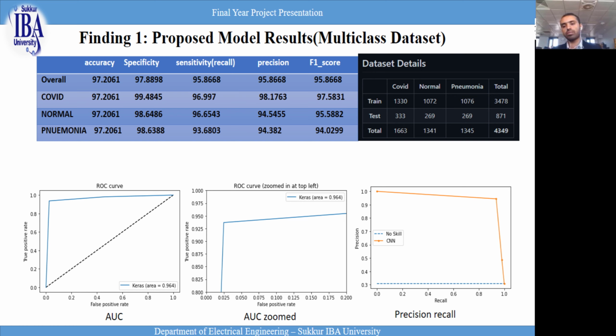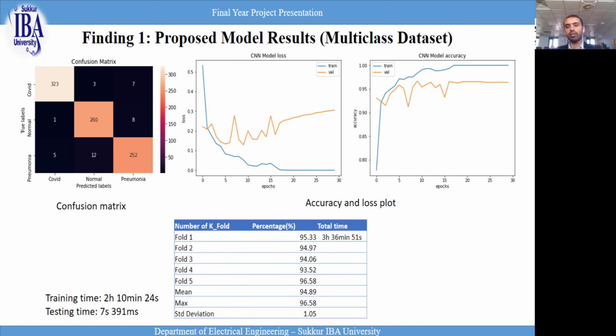This is the ROC curve, and it is zoomed on this part of the area, and after that this is the precision recall, and that is the confusion matrix, accuracy and loss plot.